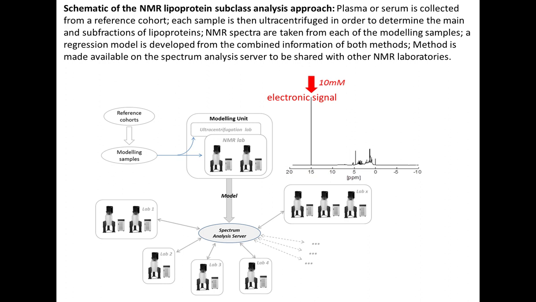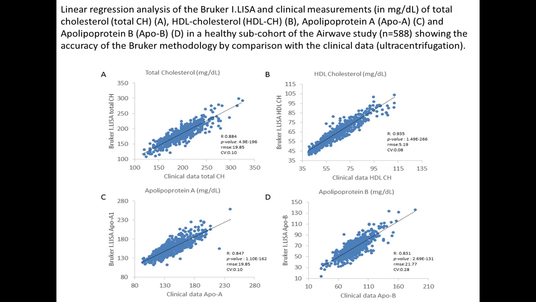So in order to develop this method, for the reference cohort the samples were collected and ultracentrifugation was done to assign the lipoprotein profiles, and we compared this with those we acquired in the NMR laboratory. And Bruker conducted the quantification using an electronic signal in the spectrum to calculate the proton concentrations.